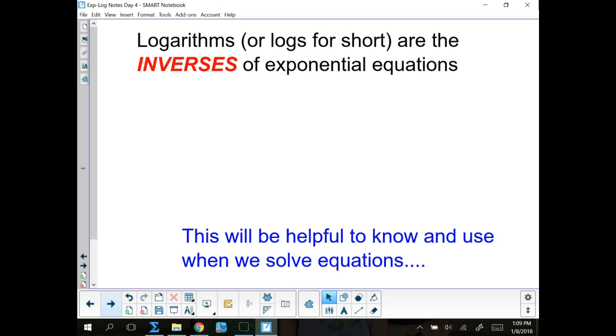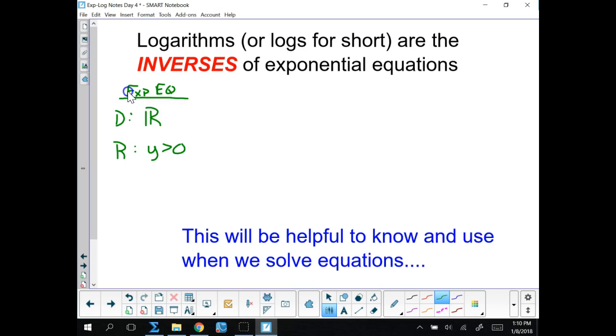Okay? So in an exponential equation, the domain of all of our exponential equations was all real numbers. Right? And the range was something along the lines of y is greater than 0, but then we adjusted that depending upon our equation.